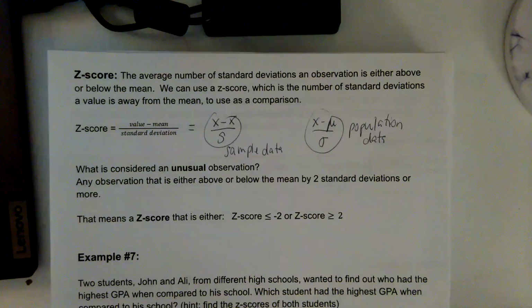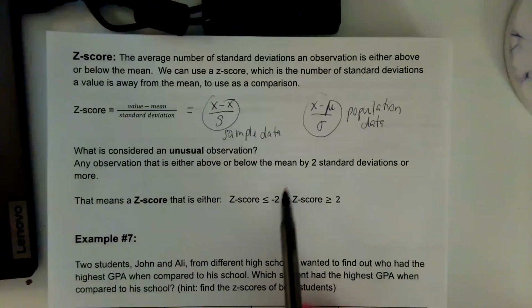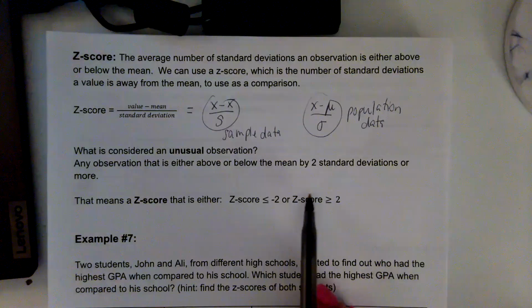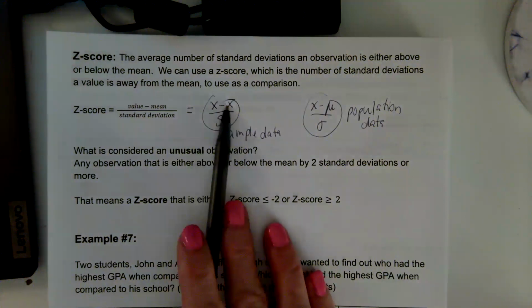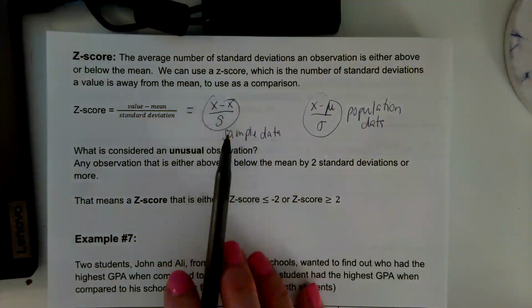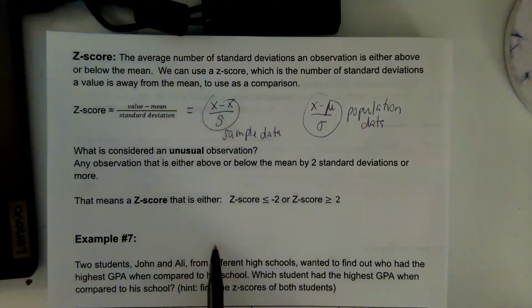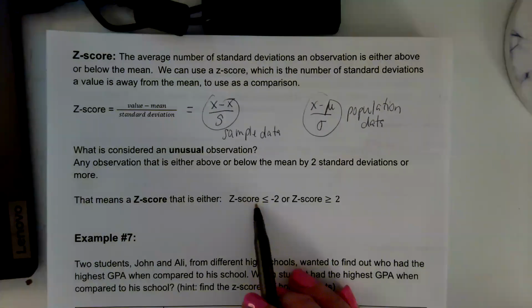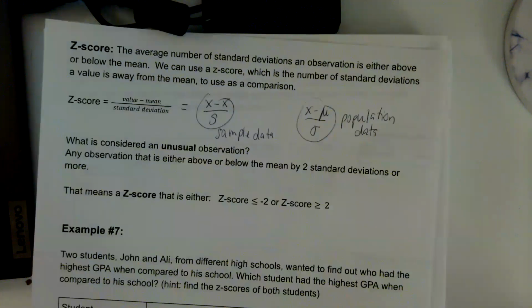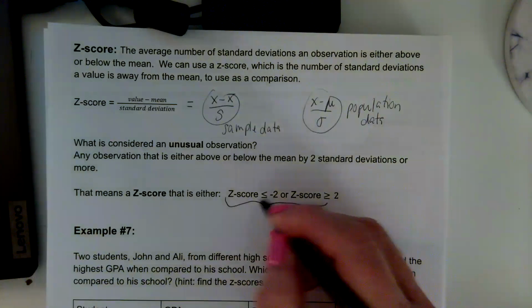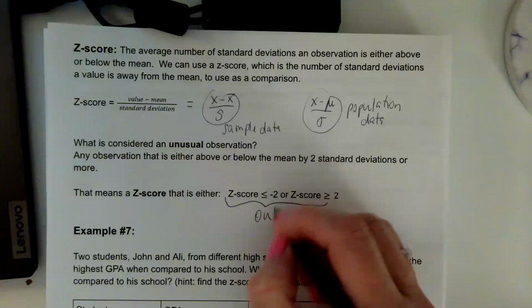And that means our z-score. So if you are above your mean by 2 standard deviations, your z-score is going to be 2, because that's what a z-score is, the average number of standard deviations you are above or below the mean. If your z-score is less than or equal to a -2, then you're also considered an outlier. Okay, so these are the 2 ways you're going to be considered an outlier.